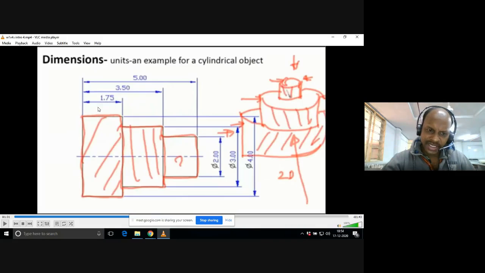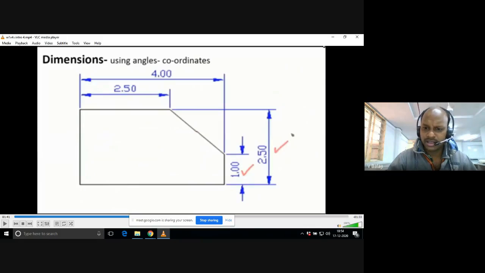The first dimension line 1 centimeter, the next dimension line, you can maintain 8 or even 1 centimeter is also accepted. Like this, you need to maintain while putting the dimensions on your drawing sheet.